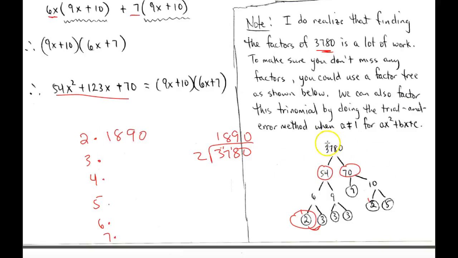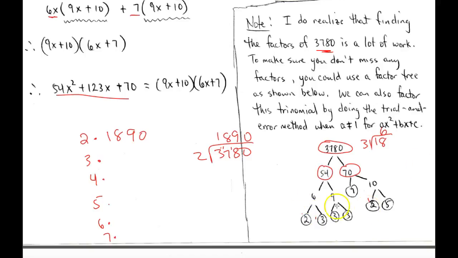Since when we add up all these digits here, the 3, the 7, and the 8, we get 18, we know that 18 is divisible by 3. So therefore, we know that 3,780 will also be divisible by 3. But again, we can do the same thing here by just saying, all right, we know that we have a 3 here.